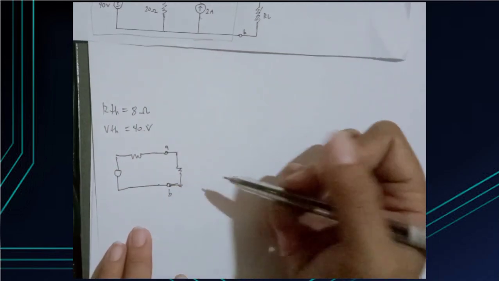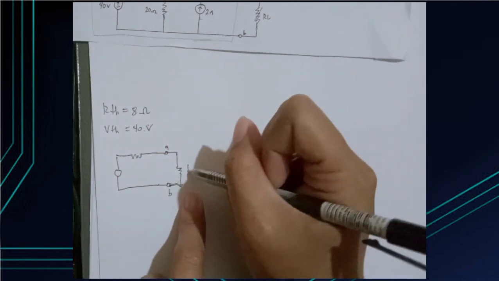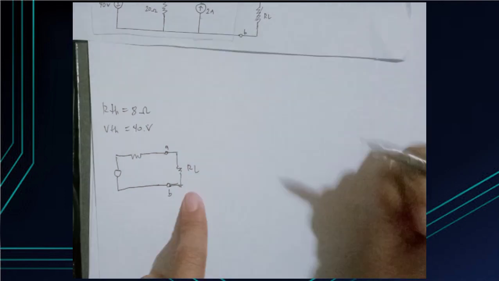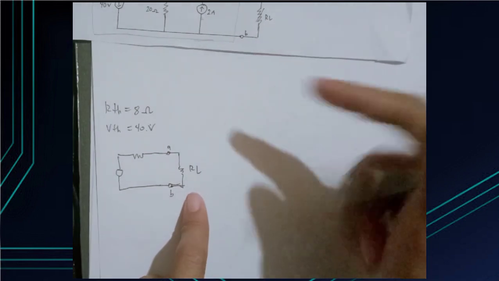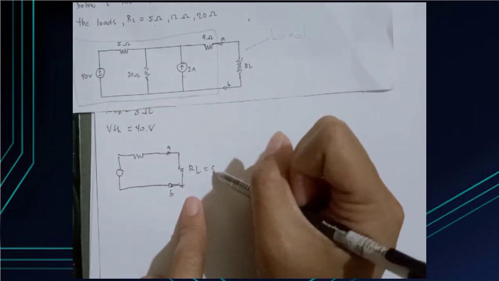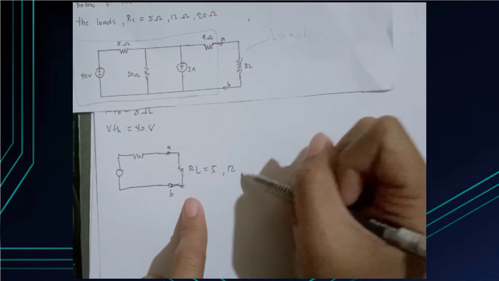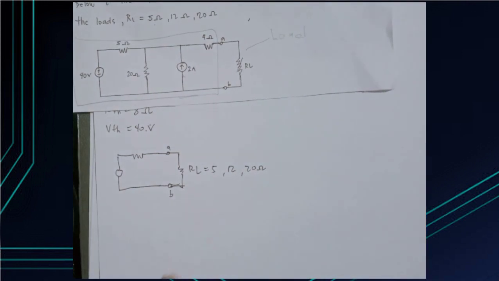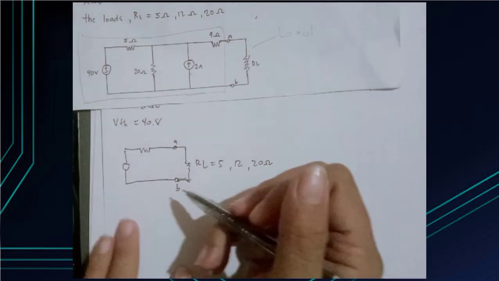A natin, ito yung B. So, ito yung RL natin, 5, 12 and 20 ohms.